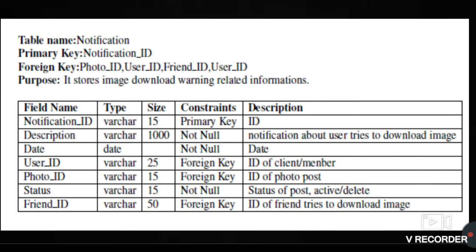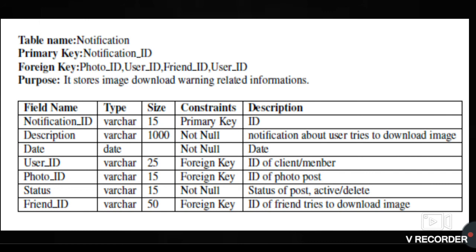Here the notification ID is the ID of the notification. Description is the notification that a user tries to download the image, and that is held in the description field. Date is when the particular person tries to download that image. User ID is the ID of the original owner of that image. Photo ID is the ID of the particular post that the friend tries to download.